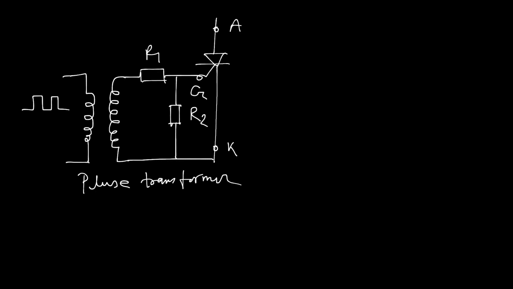That is why we can convert these two resistances, one series resistance R1 and one parallel resistance R2, into a single resistance. That is why we can convert this driver circuit into a single source circuit or single resistive circuit by using Thevenin equivalent circuit.